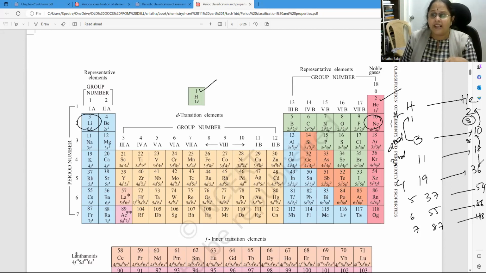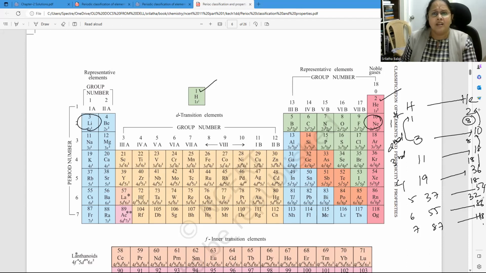Then the fourth is 2, 8, 8. After that, the difference is what? 36 minus 18 is 18 again. 54 minus 36 is 18. 86 minus 54 is 32. 118 minus 86?